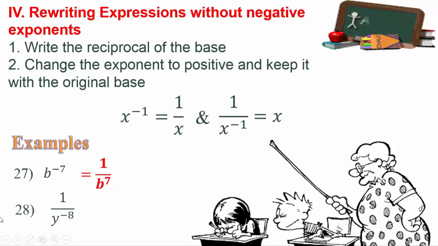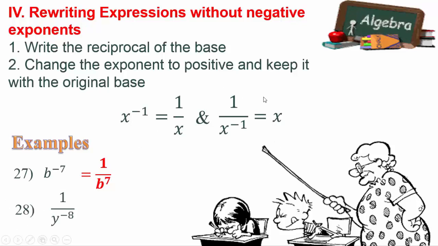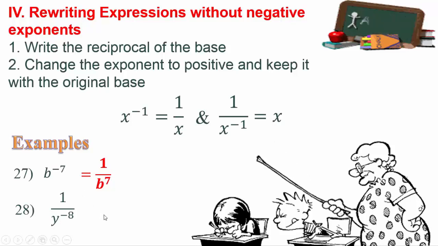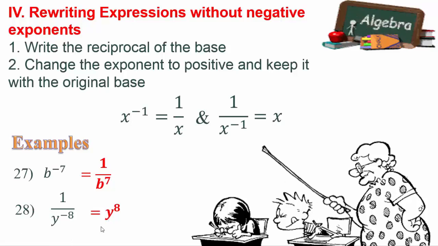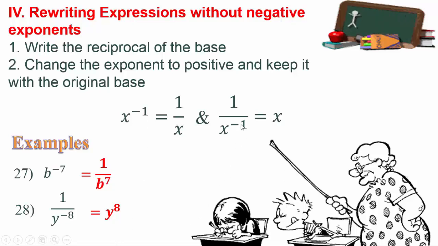In number 28, we'll use this rule because we have 1 over y to the negative 8. So we'll bring the y upstairs and change it to a positive exponent, giving us y to the 8. So in 27, we used this rule here, and in 28, we use this rule here.